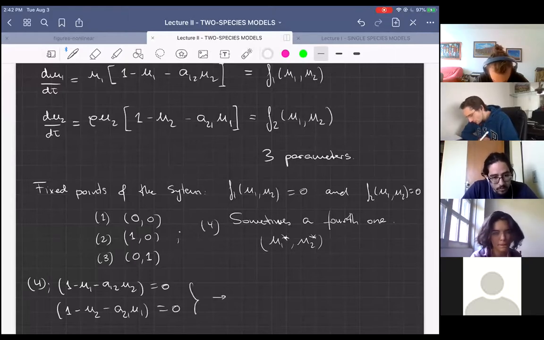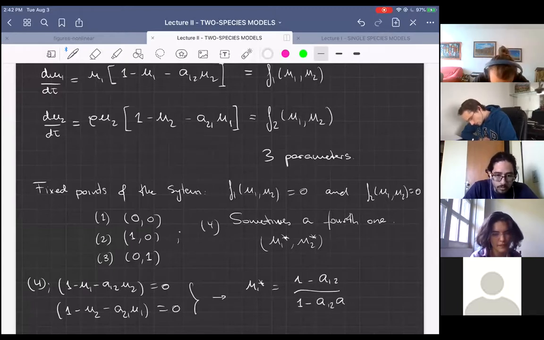And if you solve this, what you will see is that U1 star is equal to (1 minus A12) over (1 minus A12 times A21). And this U2 star is 1 minus A21.